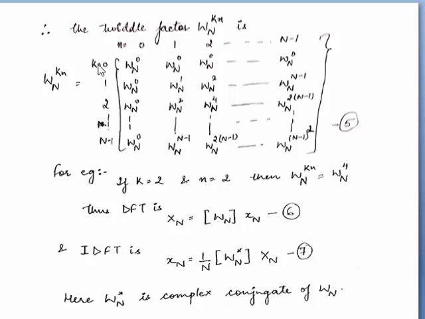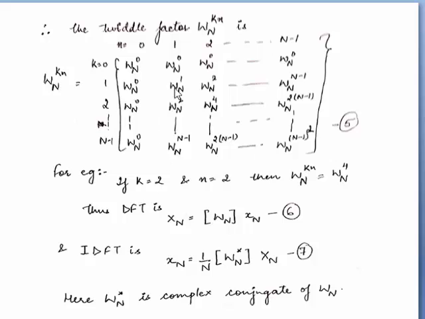The range of k is 0 to N minus 1, and the same way the range of n is 0 to N minus 1. So the twiddle factor is equal to W_N. According to the DFT formula, it is W_N raised to power kn. Here k and n are multiplied. So 0 into 0 is 0, and it becomes the twiddle factor raised to power 0. 0 into 1 becomes 0, twiddle factor raised to power 0, and so on.